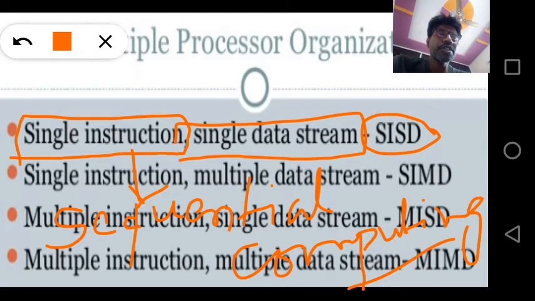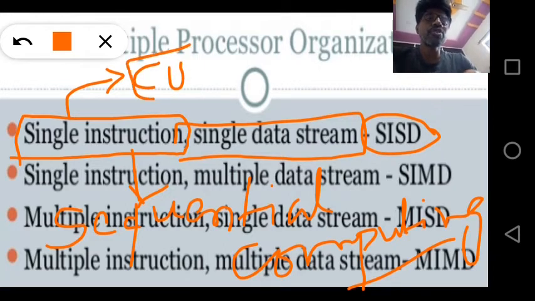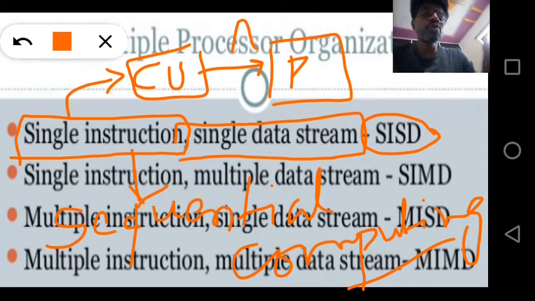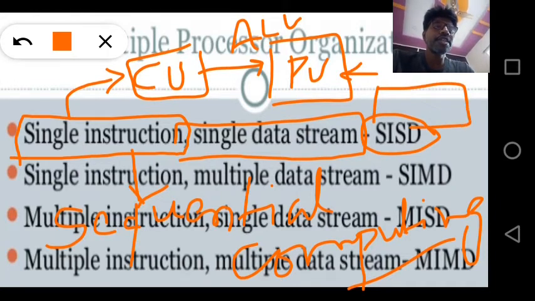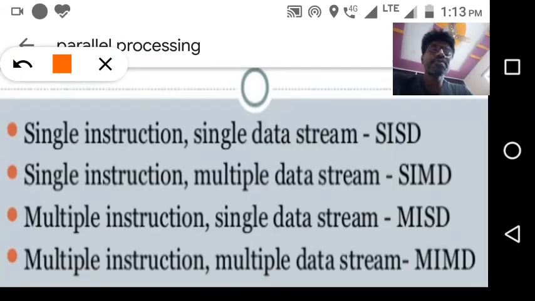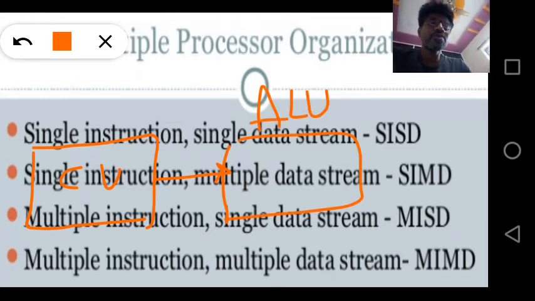So in sequential computing, what happens? The single instruction is taken by a control unit which will decode and send to ALU. The ALU is also called processing unit, which gets single data from memory. So the diagram looks like this: a single control unit sends to the ALU, which contains only one processor.